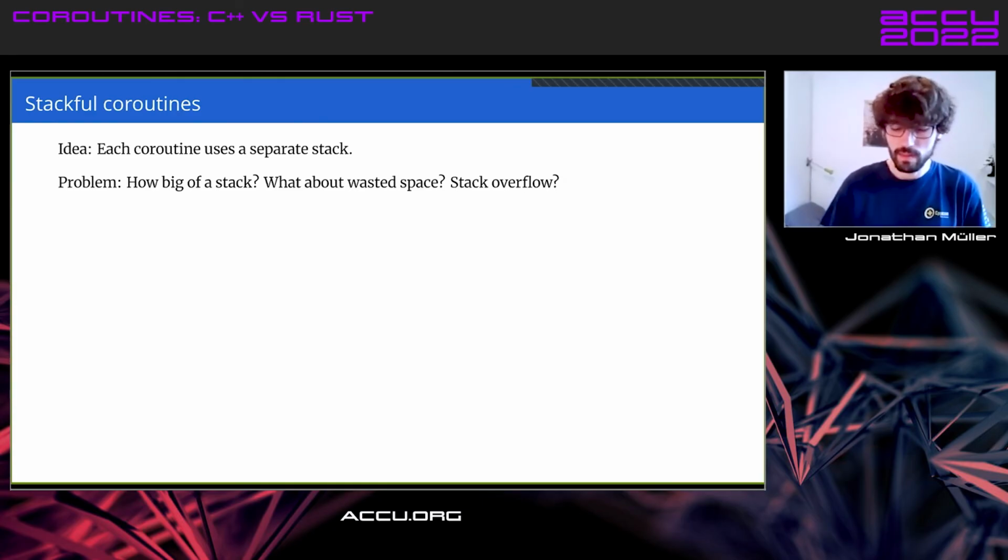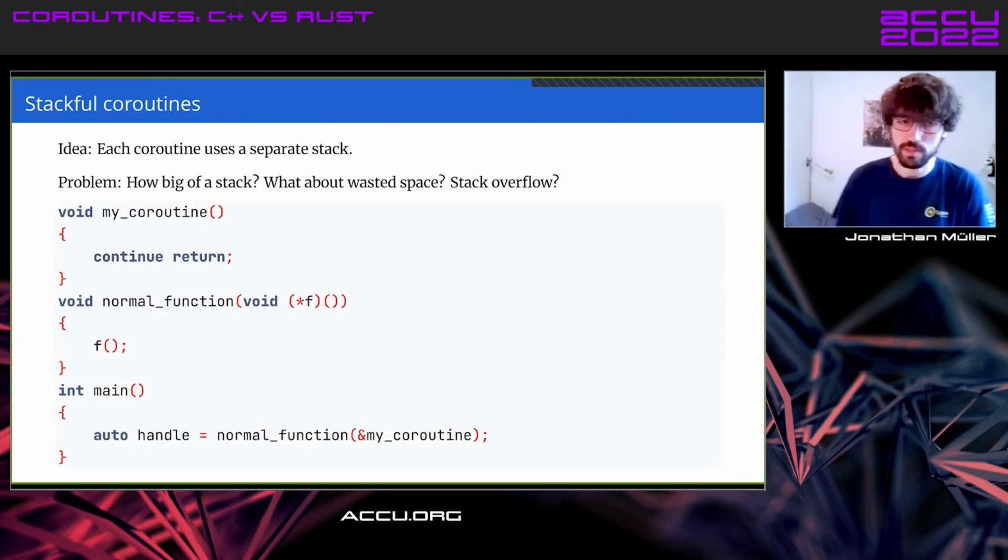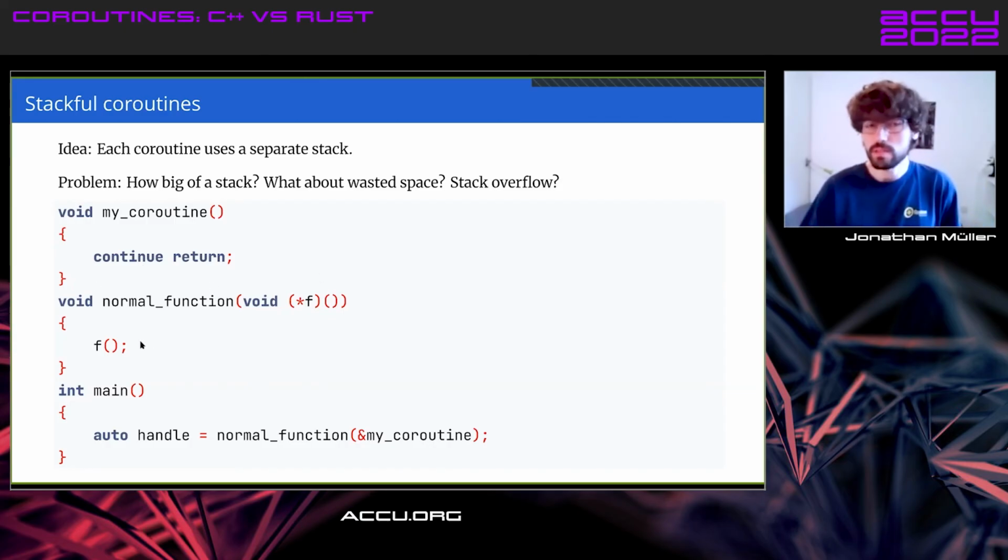One big advantage of this approach is when we have a regular function that just calls a function pointer, we can pass it a coroutine. This works fine, even though the coroutine then later suspends itself, because the regular function doesn't need to worry about it. Suspension simply returns from the coroutine call stack, and this is completely transparent to any functions in between. This is one big advantage of stackful coroutines, because we can just pass coroutines through regular code.